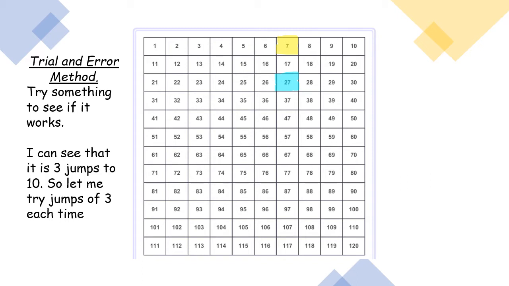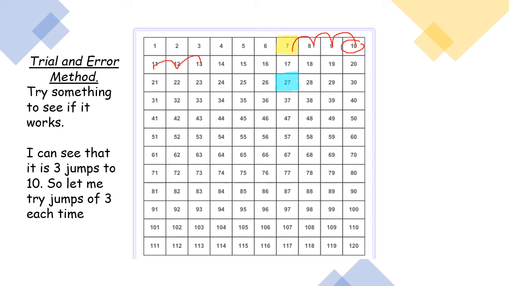Now, I can see that it is 3 jumps to 10. So if I grab my pen, I can see that from 7, 1, 2, 3. So 10. Now let's count more. So 10 plus 1, 11, 12, 13.